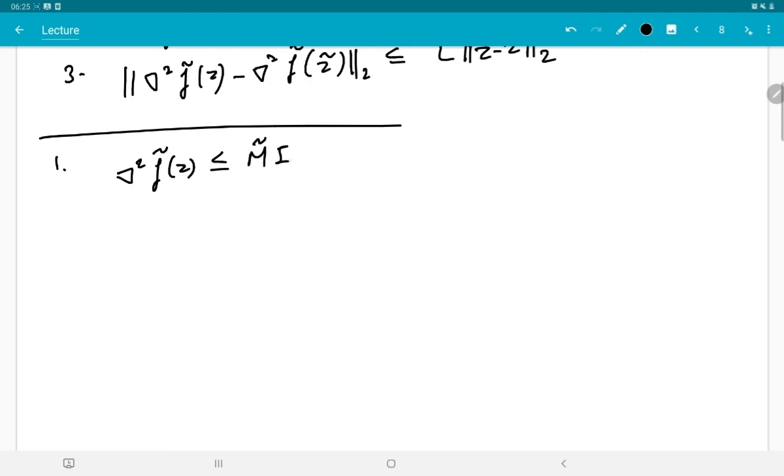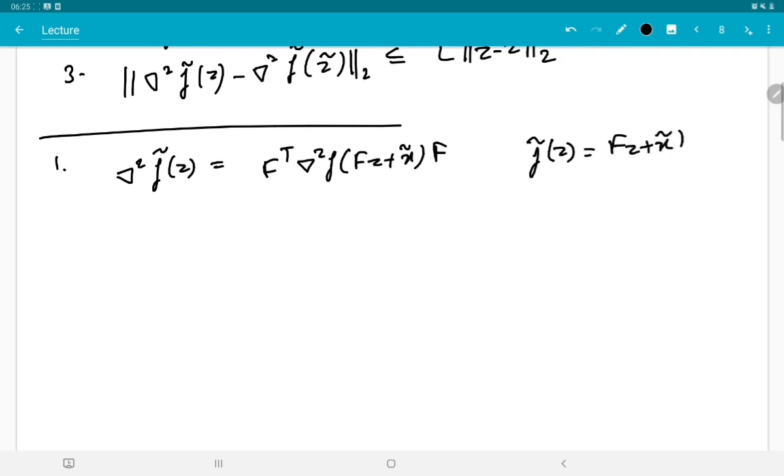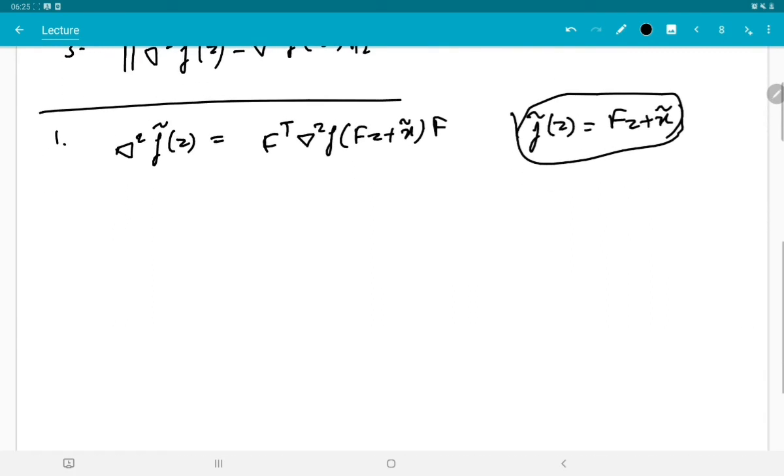We can simply write down the Hessian of f tilde, and this is just F transpose del square f of Fz plus x tilde times F. It is sufficient to prove that the second norm of this Hessian is less than or equal to some value m tilde.